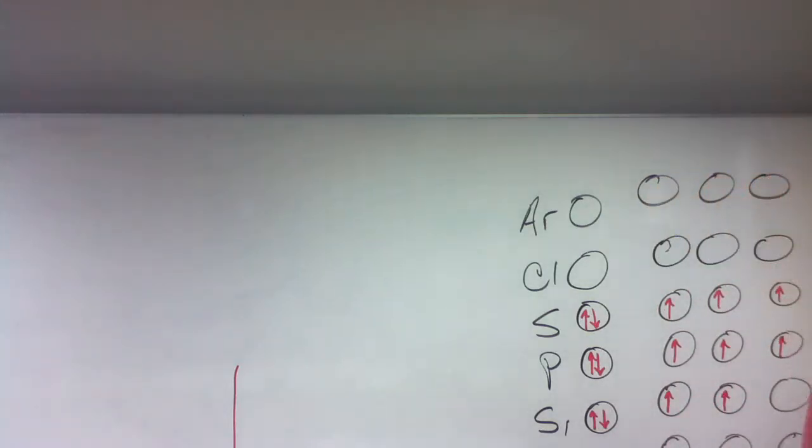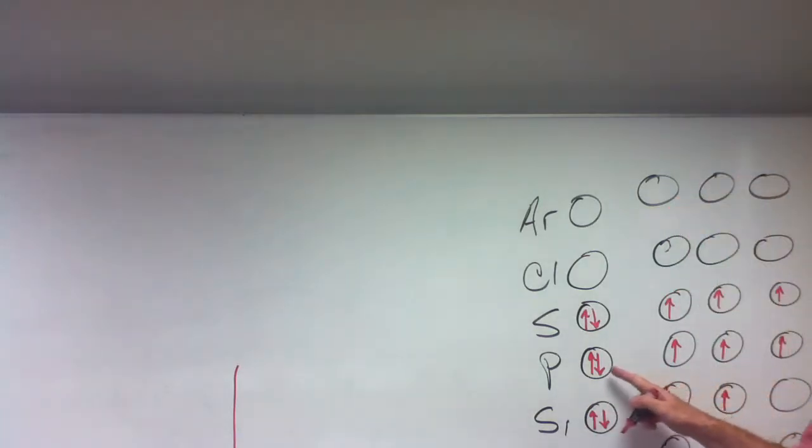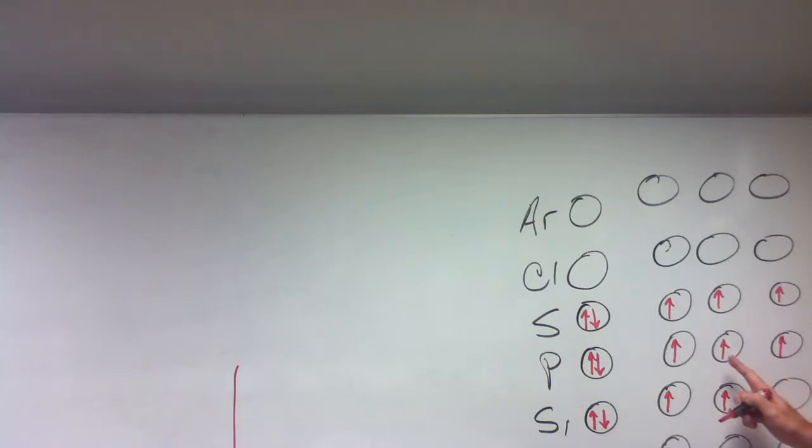Silicon, phosphorus, am I wrong? No, wait. If it's P, is it three circles? In the P block you have three orbitals. 3s1, 3s2, 3p3.